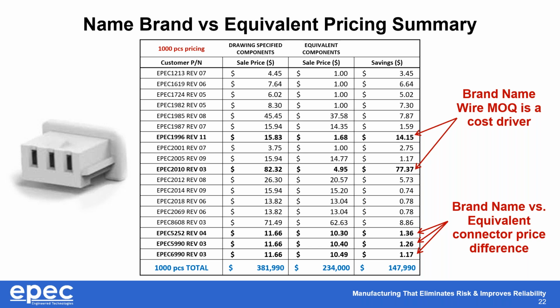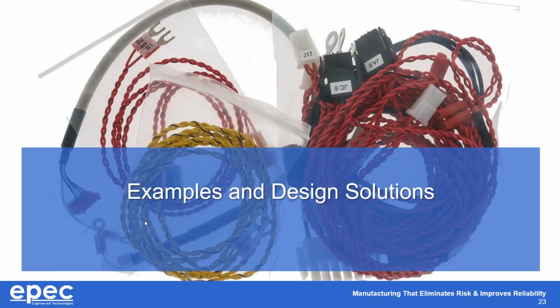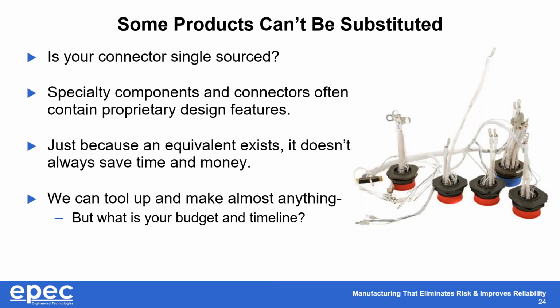So overall, Epec can help provide options to our customers to give them visibility into both equivalent connectors and wire, and the cost savings because of that. Next, we'll talk about some specific examples and design solutions to help our customers better understand our options here.